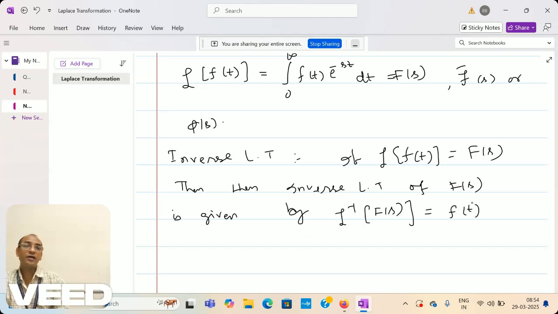So if you take the Laplace transformation of f of t, we get F of s. But if we take the inverse of F of s, we get the original function f of t.